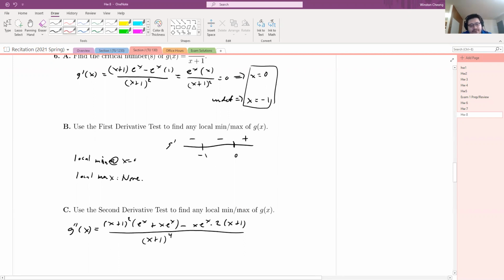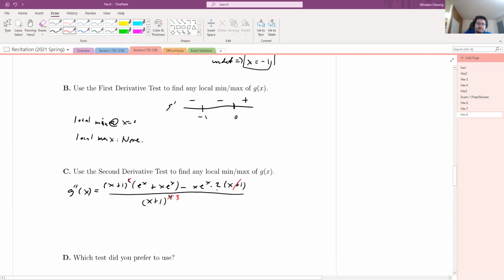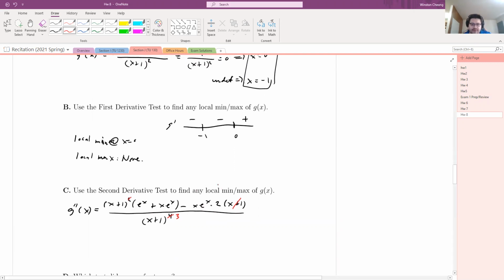One simplification I can do is I see that there's an x plus 1 in common everywhere, so I can just get rid of one copy of that. But from this point, we have to recall, what is the second derivative test about? It's about taking critical numbers that correspond to setting the first derivative equal to 0.